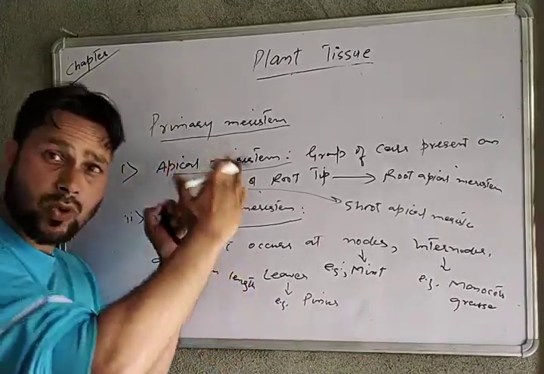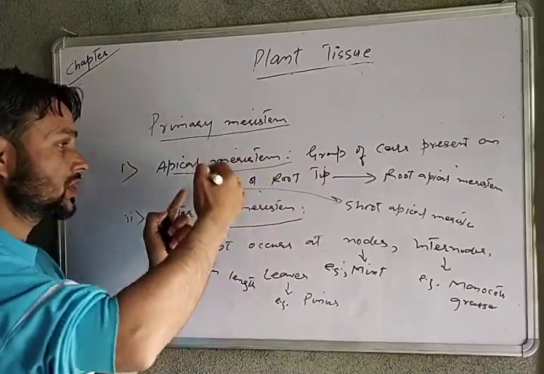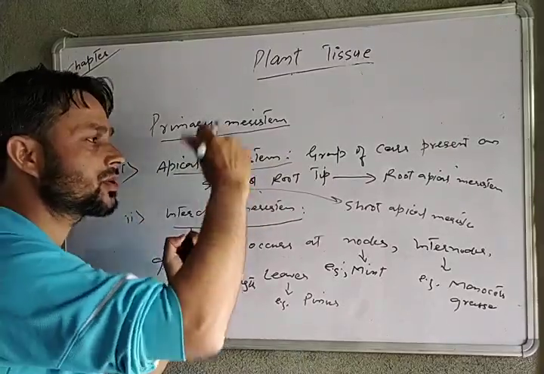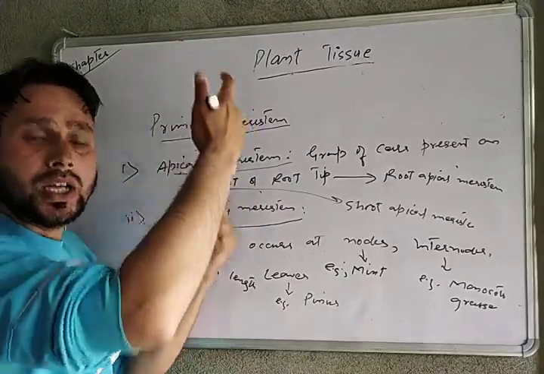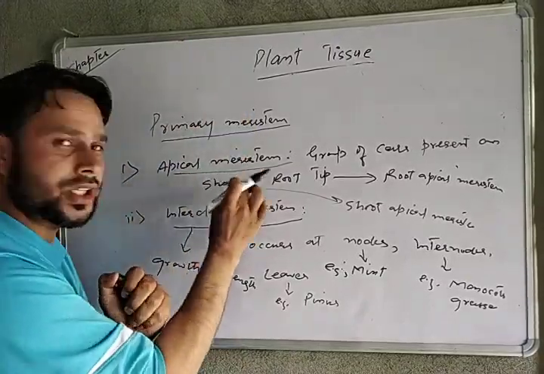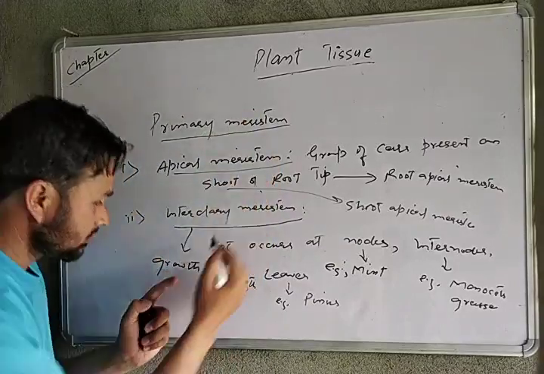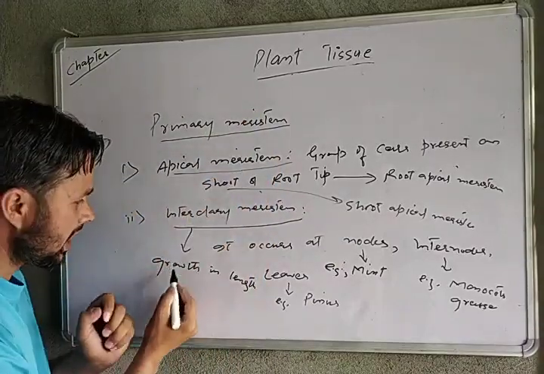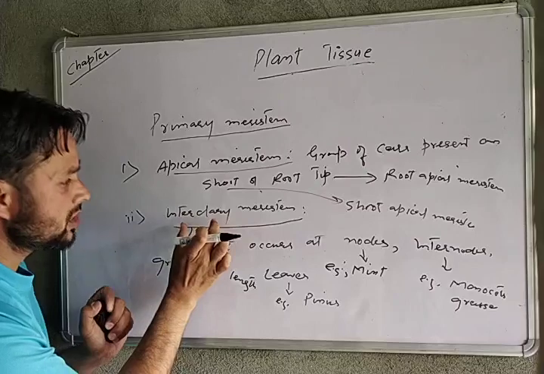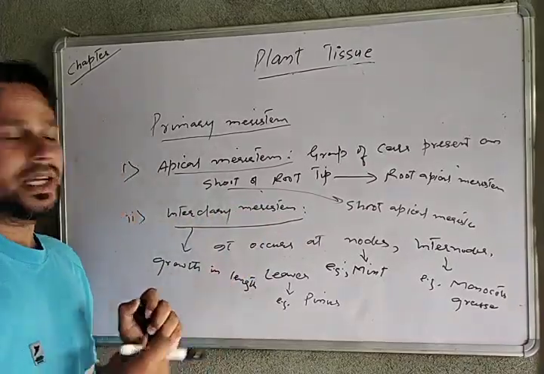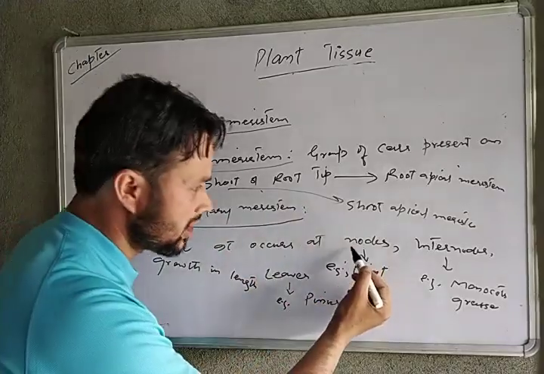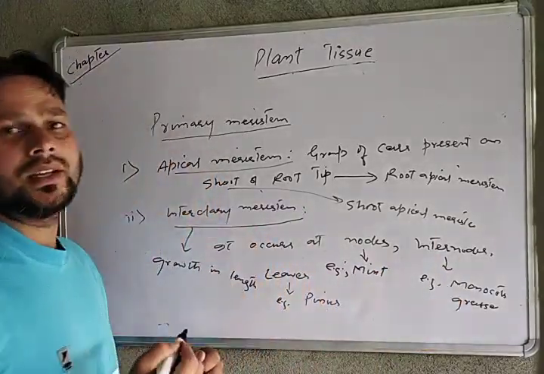The portion left behind, when the apical meristem continues to grow, gives rise to leaf primordia. Some part of this portion remains and gives rise to a new meristem called intercalary meristem, which helps in growth in length and is present at the base of nodes, internodes and leaves.